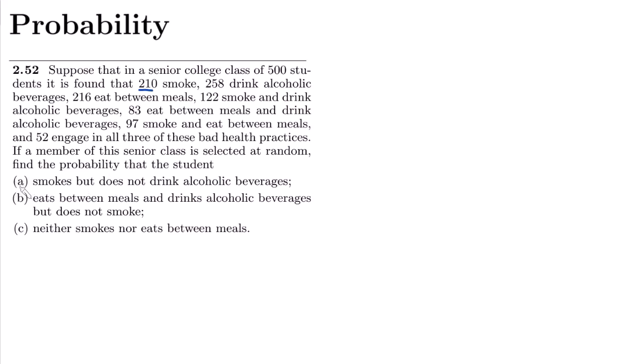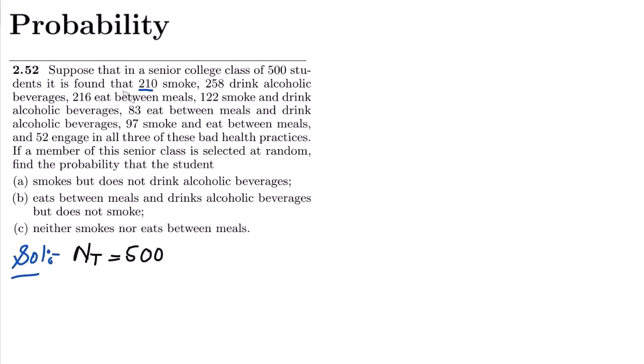Now we are given three cases in which we have to find the probabilities. But before diving into the details, let me first write the data that is available with us. The first thing is the total number of students, represented by n subscript t. So we have 500 students.